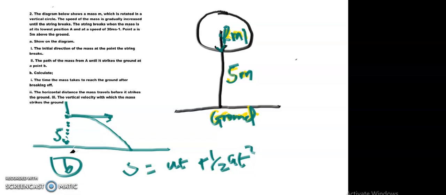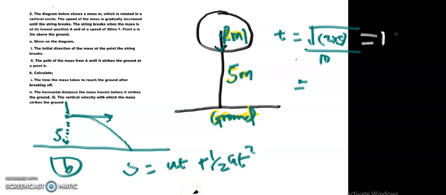So that t will be given by the square root of 2 times 5 divided by 10, because we are told that the point is 5 meters above the ground, so we need to divide by 10 so that we are able to get that. This will give us 1 second.